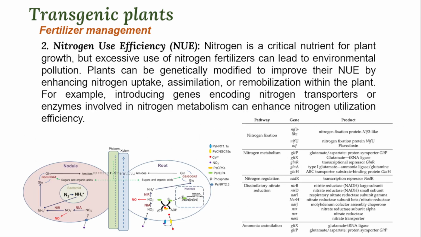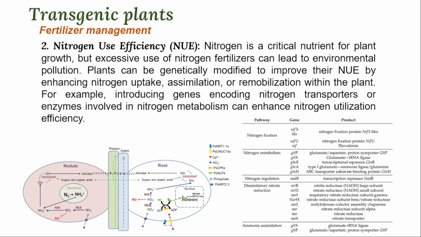So the second strategy is a nitrogen use efficiency strategy in non-leguminous plants. You already know that NIF genes are introduced and fix the atmospheric nitrogen. We have clusters of other nitrogen-fixing genes as well.